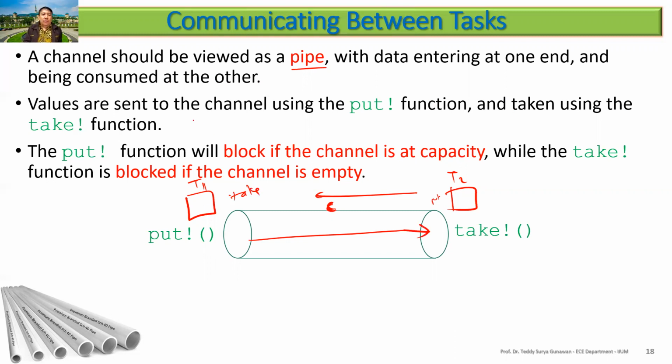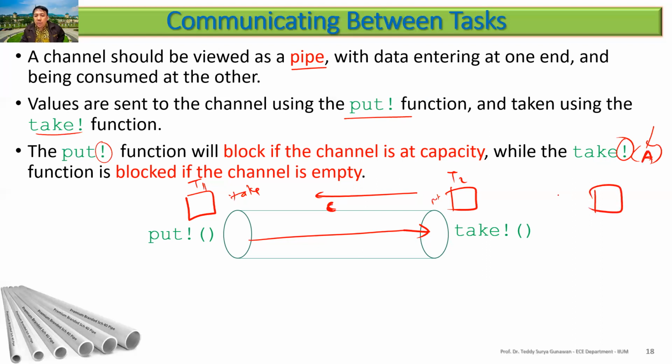Okay, so values are sent to the channel using the put function and taken using the take function. Remember what this is? The put with the exclamation mark means you are modifying the value. The argument here will be modified, similar to passing pointers to a function in C, where you can modify the input parameters.